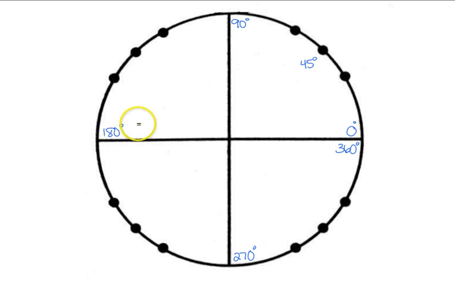Halfway between 90 and 180 is 135. Halfway between 180 and 270 is 225. And halfway between 270 and 360 is 315. Remember, that's our 45 from 0, 45, 90, adding 45 each time there.